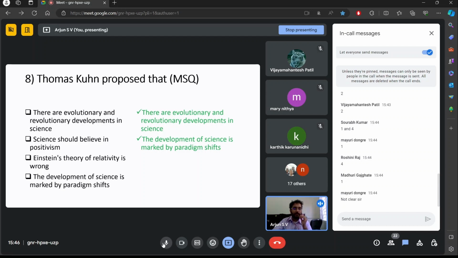The small increments we make in normal or evolutionary science form the paradigm of that time period. Once the paradigm saturates to a certain level, it is marked by a paradigm shift, where scientific studies focus on a whole new advanced level of science or a different area in science.